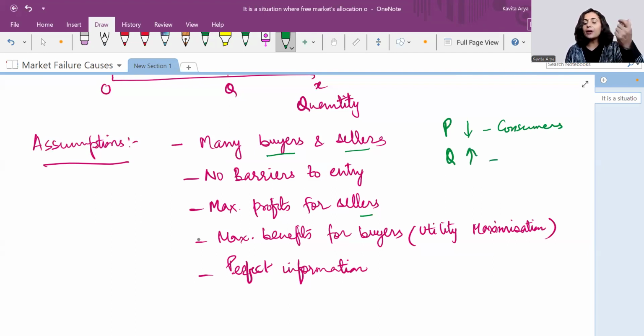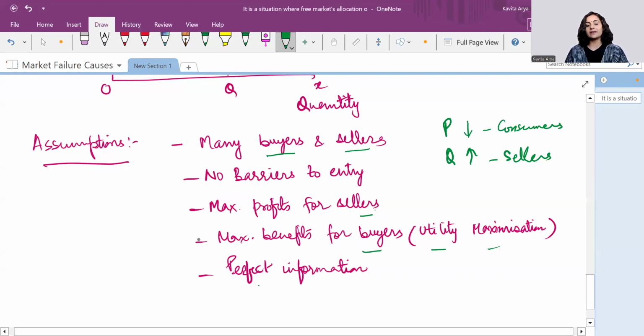So because of high quantity, high trade, the sellers are benefited. Right. So there is maximum producer as well as consumer surplus in such a situation. So maximum profits go to sellers and maximum benefits go to buyers. They are able to maximize their utility.